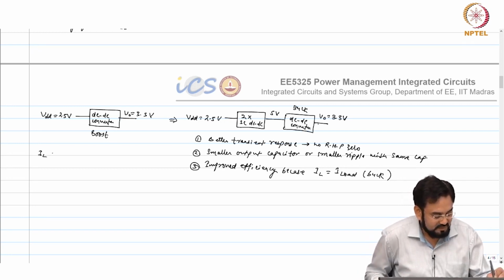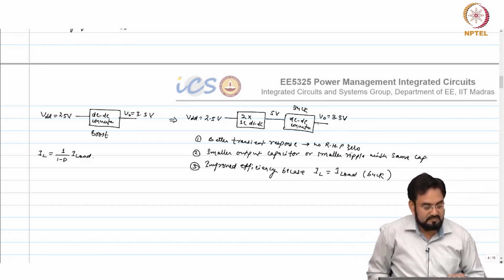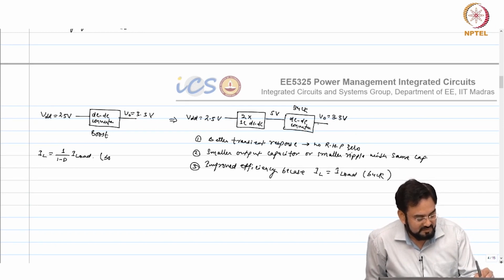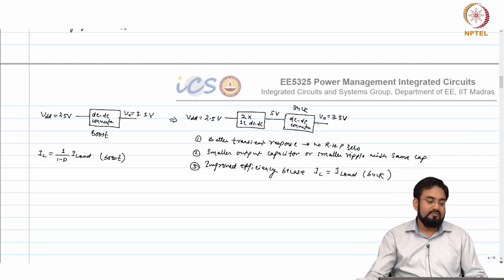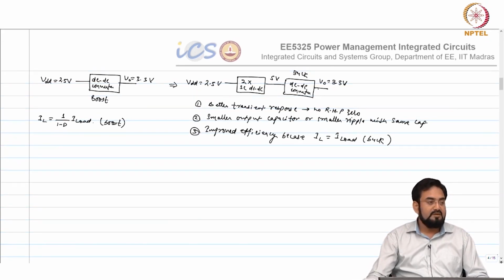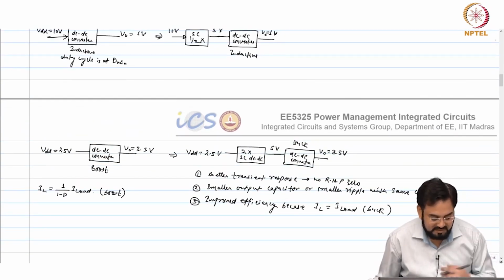Here IL equal to 1 over 1 minus D into I load. This is the case of your boost. Okay. So, based on the requirement you can choose.